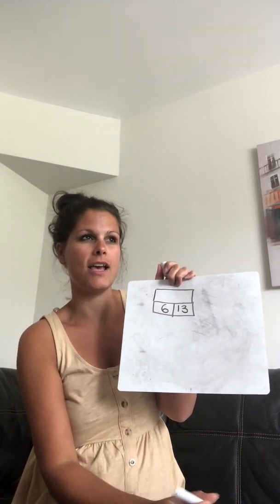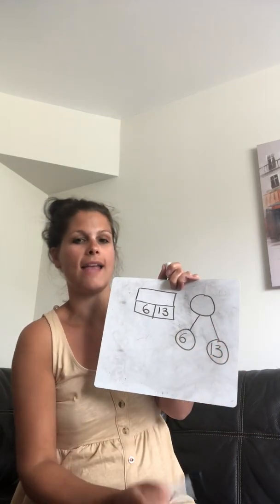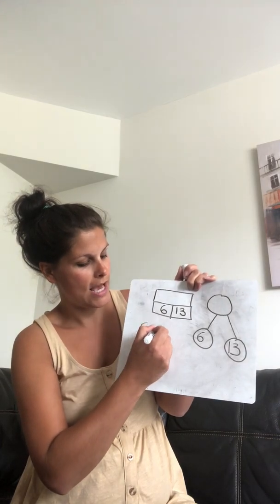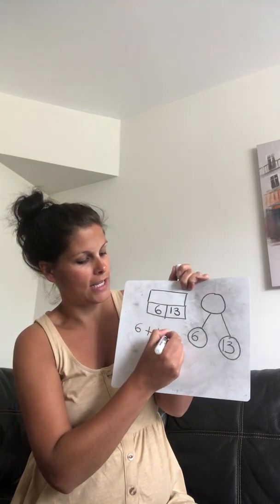So we need to know what 6 and 13 makes. We can also draw it as a part-whole model. We know that he has 6 to start with, and she gives him 13 more, and we need to find that answer there. So we need to do 6 add 13 equals.